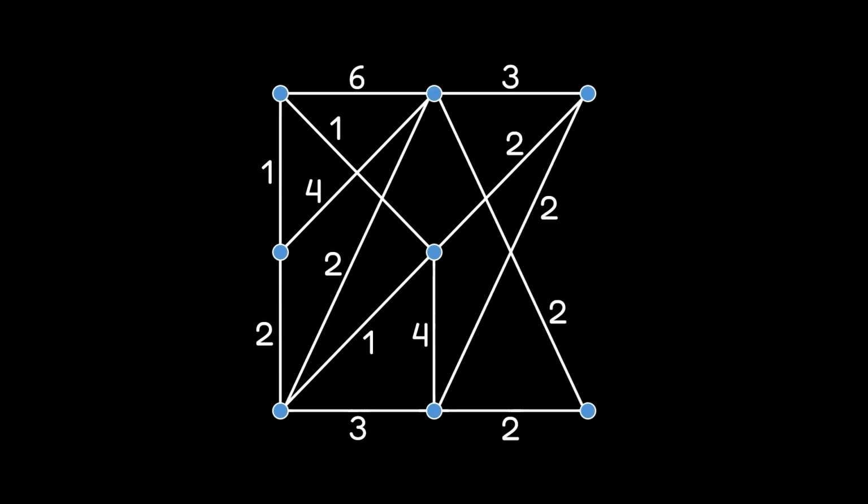Let's look at a concrete example. We label the vertices of this graph and try to find the shortest path from A to H. At first glance, we might notice the path ABH with total weight 8. But is it really minimal? Looking more carefully, we can find AEGH, which has one more edge but total weight 7.